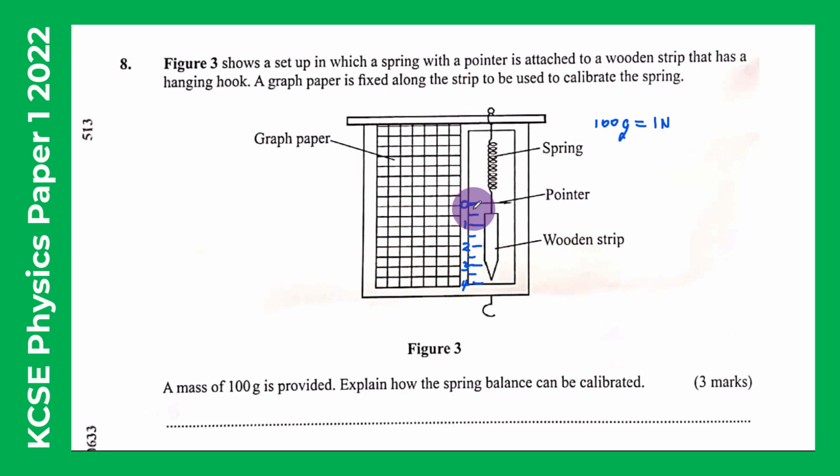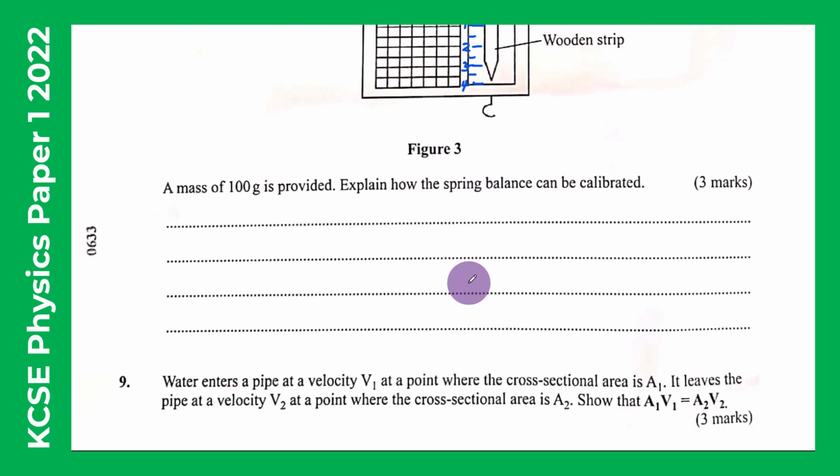If it's possible to subdivide the spaces between 0 and 1 Newton, I'm talking about this because maybe this spring may be too stiff and you find that it may not be possible to subdivide this particular space here. Once the markings have been put on the instrument, then it has been calibrated.